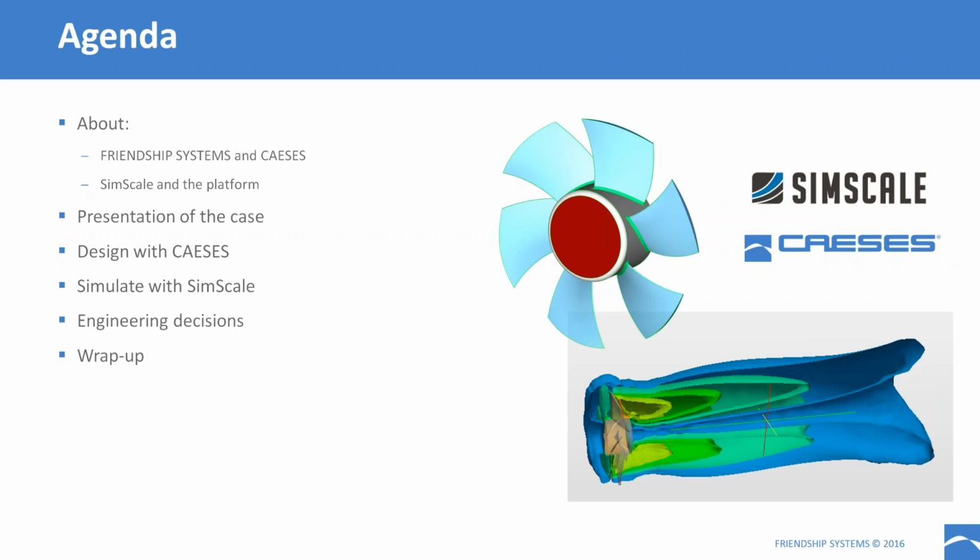And then SimScale will show how to simulate this geometry on the SimScale platform. Based on the first results that we get for the geometry, we will see what kind of engineering decisions we can make and look at some geometry variation. And finally, we will wrap up everything.